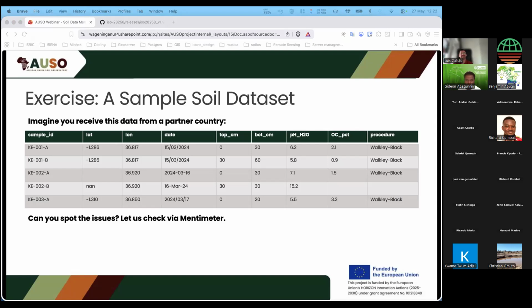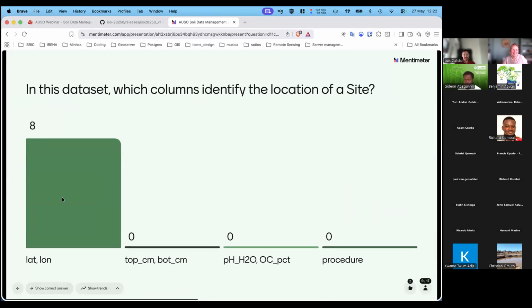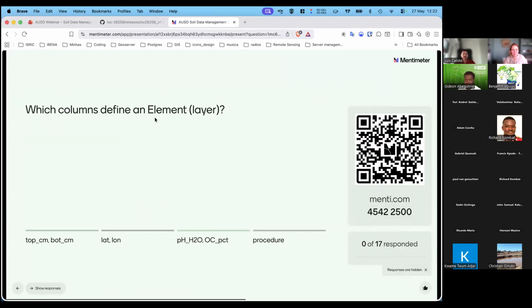Wait, don't say anything yet. Okay. So let's look. Everyone selected lat long, and indeed this is the lat long. Of course. Next, which columns define an element, a layer? Top, bottom, lat long, pH, or procedure?